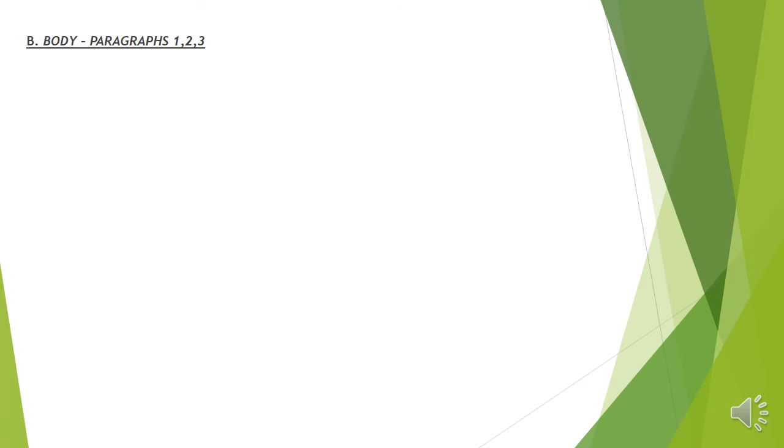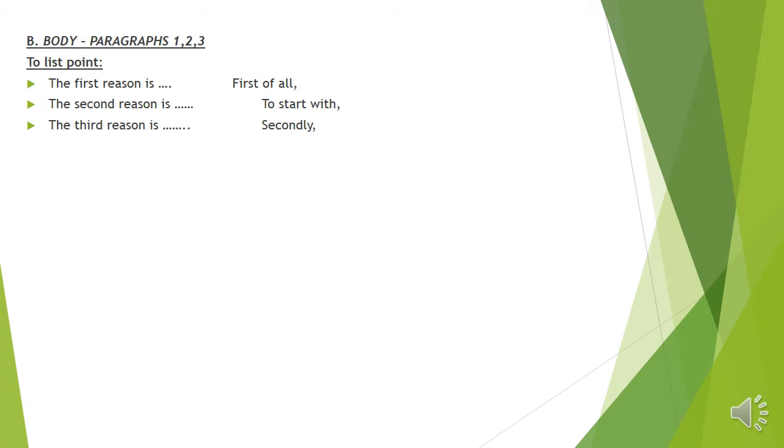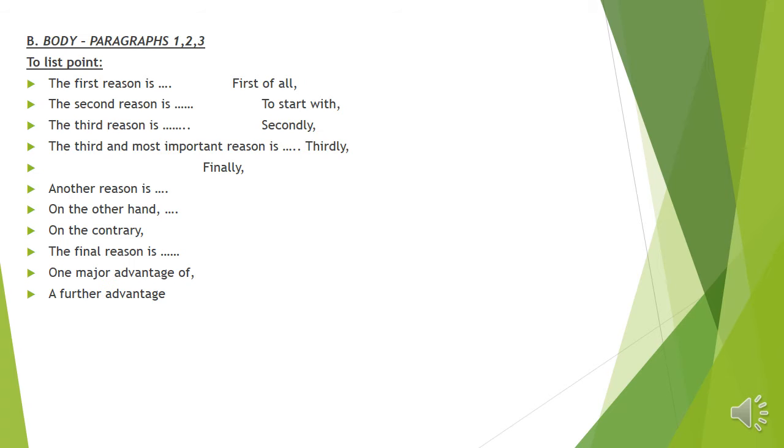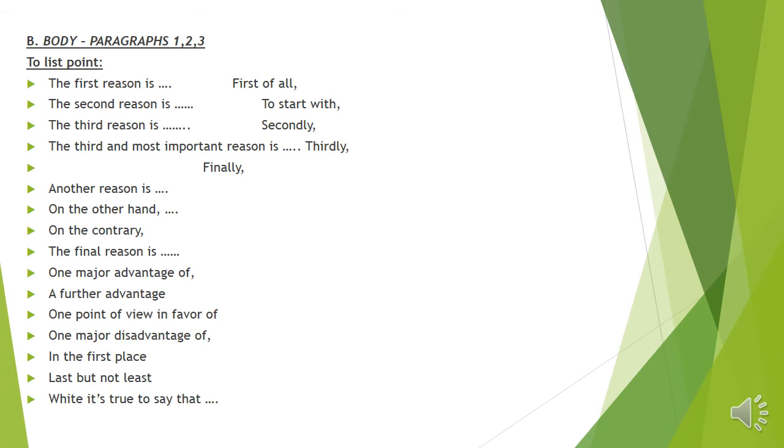For paragraphs 1, 2, 3, please notice that there are some phrases you can use to list the points. For example, the first reason, first of all, the second reason is, start with, secondly, thirdly, and so on.